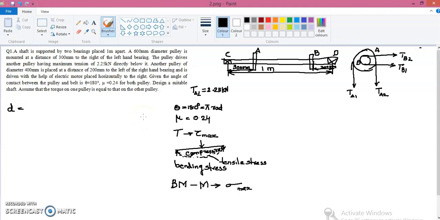And what is the equation we have considering this twisting and bending moment? So I'll take this data book page here. This is the equation we are having. From page number 51, we have two equations, that is 3.6a and 3.6b.